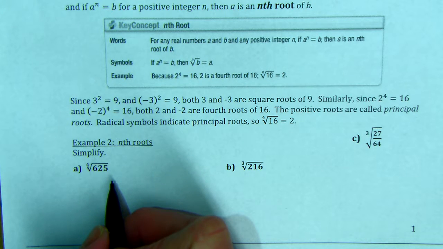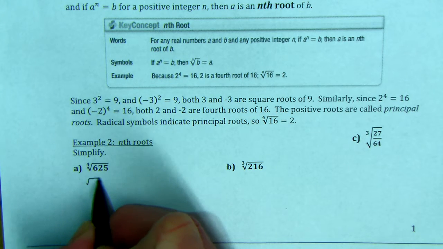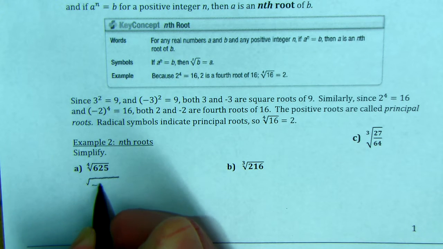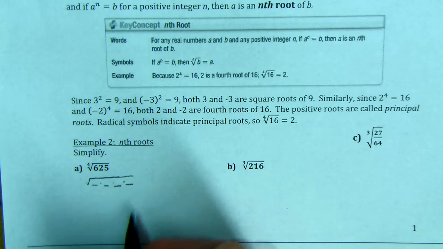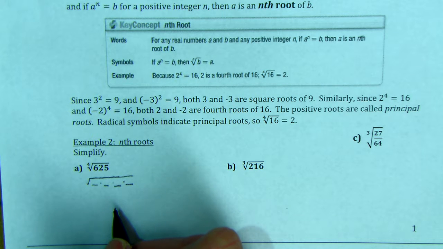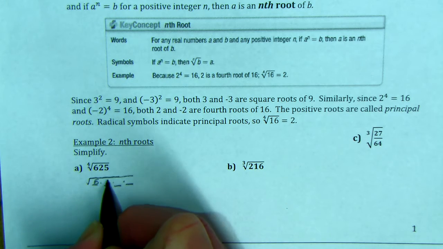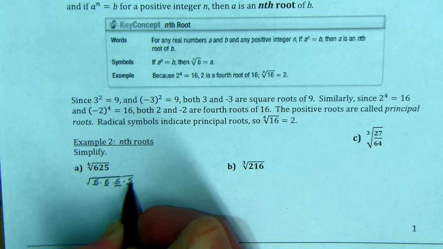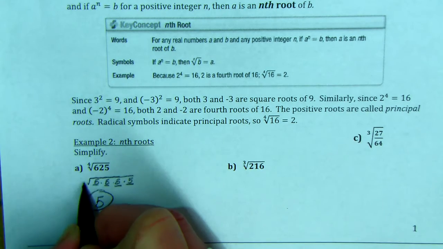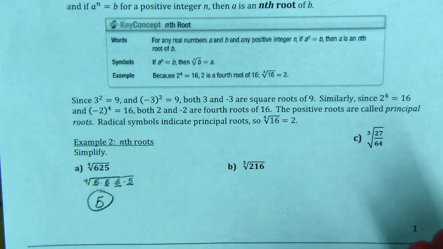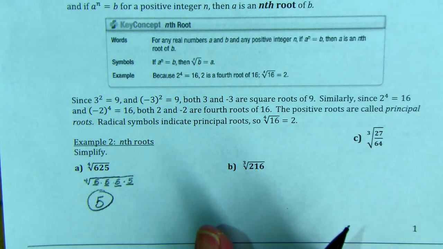Or, in other words, what times itself 4 times is 625. And you might have a pretty good guess. And that one I feel like should be an automatic. It is indeed 5 times 5 times 5 times 5. There are 4 of them. So your answer is 5, the 4th root. Because if there are 4 of them, you get to take it out.